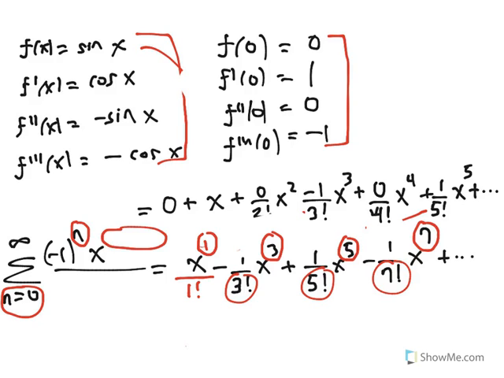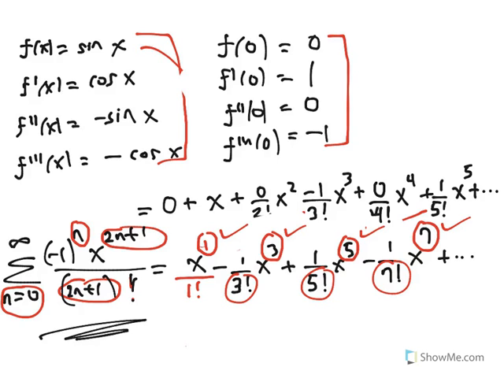So whatever you write here, you'll have the same expression in the factorial in the denominator. And because they're all odd, we're going to try 2n plus 1. If n is 0, I get 1. If n is 1, I get 3. If n is 2, I get 5. If n is 3, I get 7. So this works. So we have 2n plus 1 factorial. So this is what you write for the nth term.